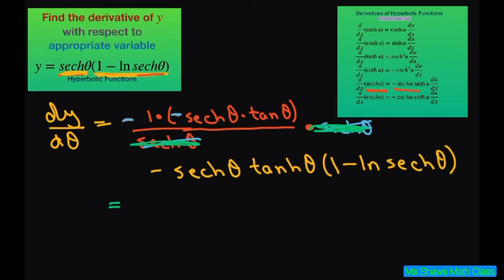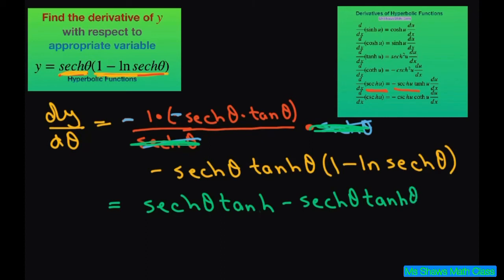So this is going to be hyperbolic secant times hyperbolic tan of theta, minus hyperbolic secant times hyperbolic tan times this quantity. I should have saved room. Anyway, it's going to be times this 1 minus ln of hyperbolic secant of theta.